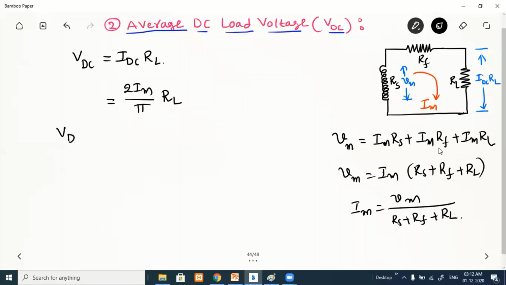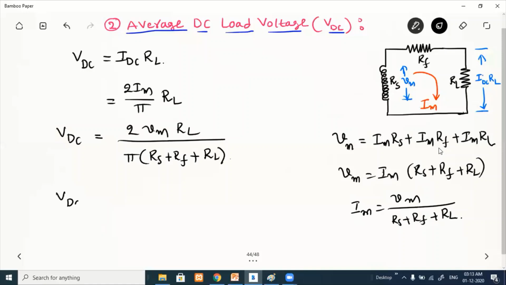So we are getting VDC equal to 2 into VM into RL by pi into RS plus RF plus RL, and manipulate this equation as VDC equal to 2VM by pi into RS plus RF by RL plus 1.